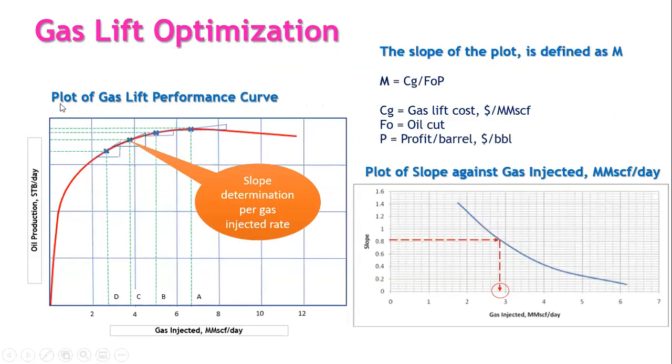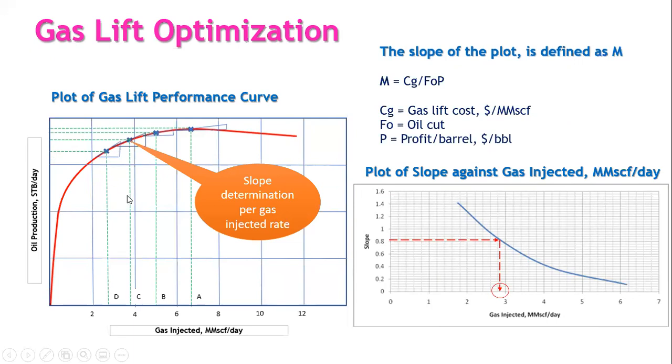What I mentioned is, here you have, for each test, a gas injection volume, and you get a production. Then, of course, you have the tangent point to that, and you track this tangent.